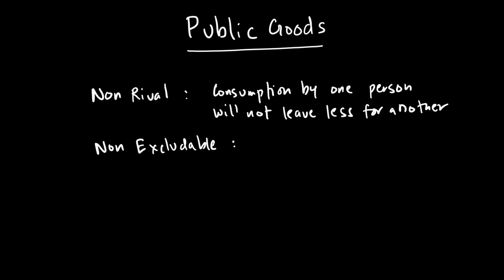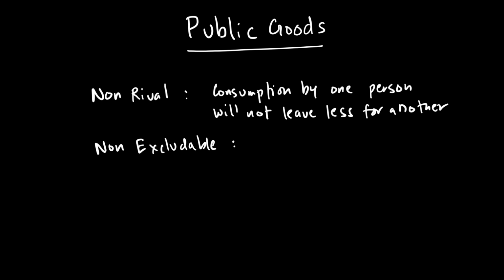It means that if I consume, for example, street light, by going under that, it won't mean less of it will be available for another. So street light is a good example of public good because it's non-rival, as opposed to, let's say, a chocolate cake: if you eat one slice, less of it will be available for somebody else.